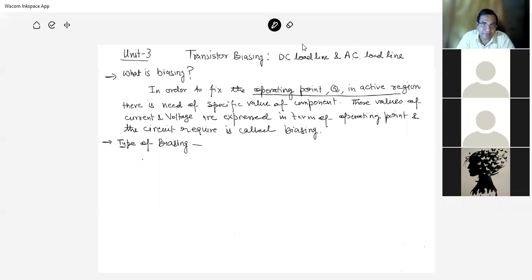Types of biasing: first, that is used in most of the cases, is voltage divider bias circuit. Second is fixed bias.